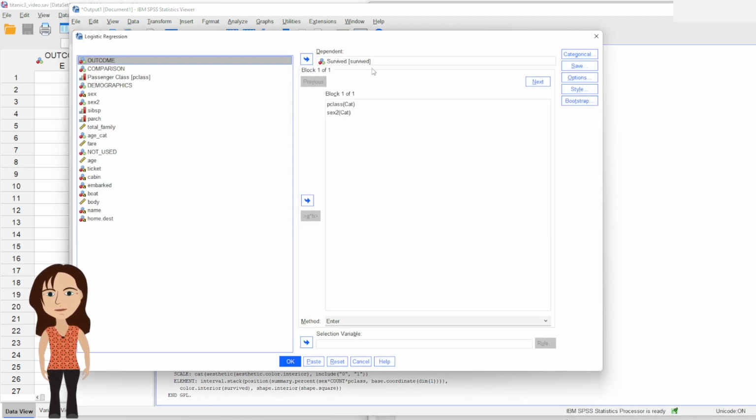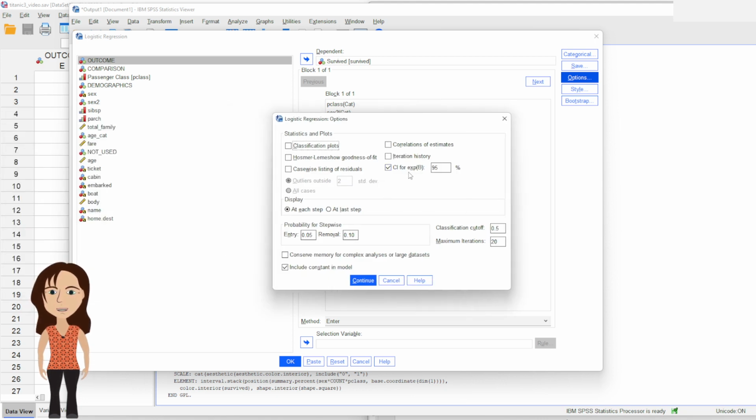binary logistic, survival is my outcome, passenger class, and sex, and that's the recoded one. Can't remember why I recoded it now. I probably did it for a reason, but if we don't like it, we could go back to the other one. Under the options, we want our 95% confidence intervals.